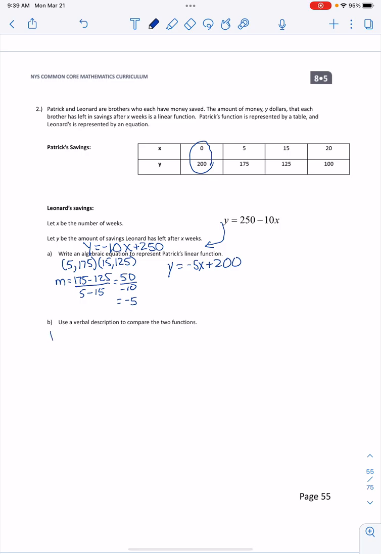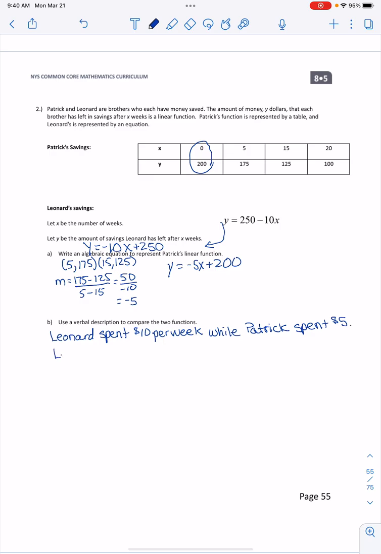Leonard spent $10 per week while Patrick spent 5.